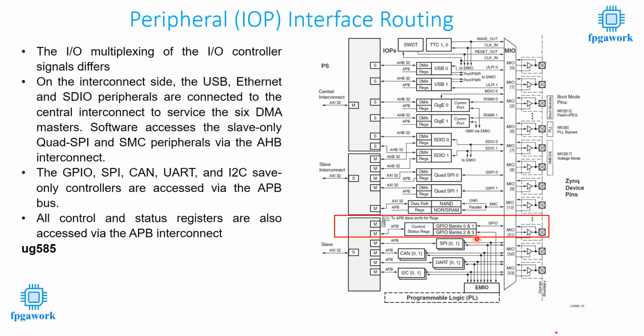It is really important to remember that GPIO bank registers 0 and 1 can only be routed via MIO, and GPIO banks 2 and 3 can only be routed via EMIO to PL.